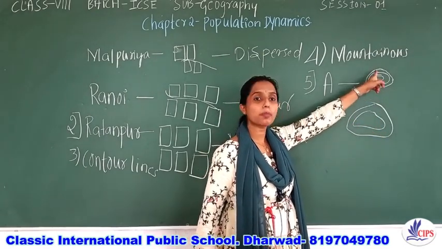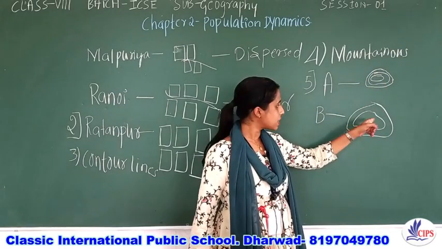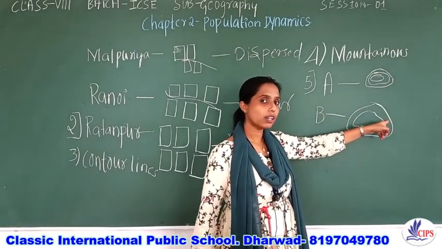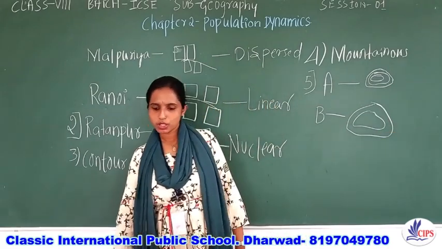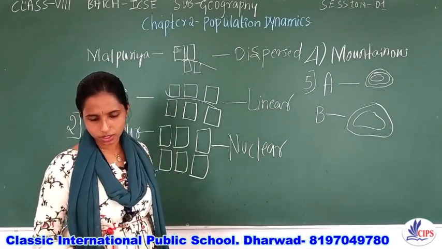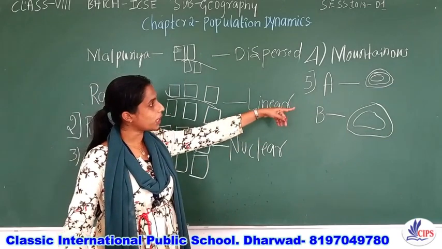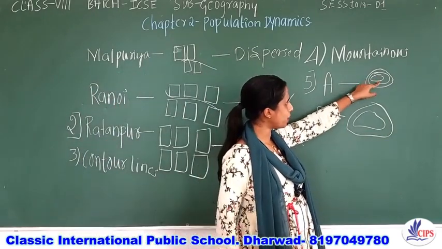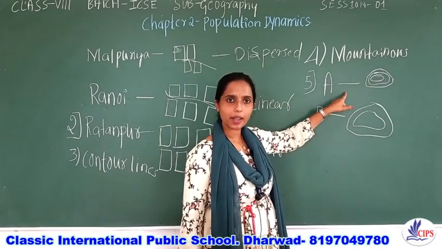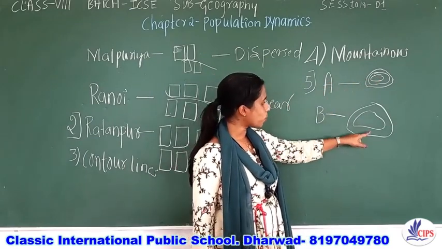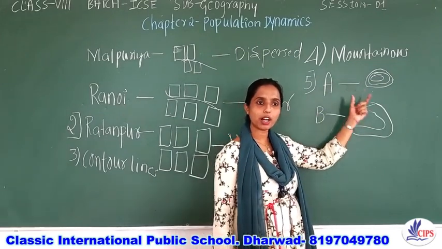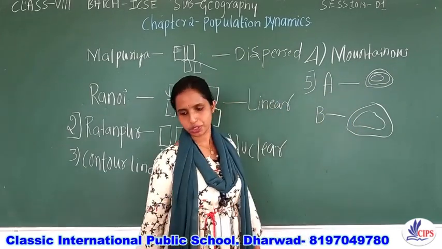This indicates a mountain, but this may indicate a hill also. This is how the contour lines are different. You can write that the contours are close to each other in square A, but the contours are wider in square B. This is the difference between the two contours.